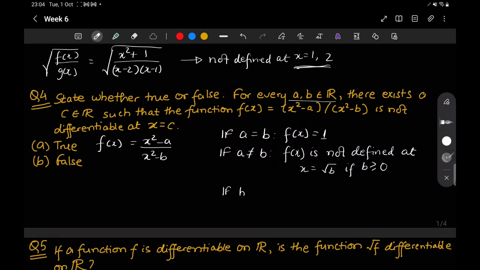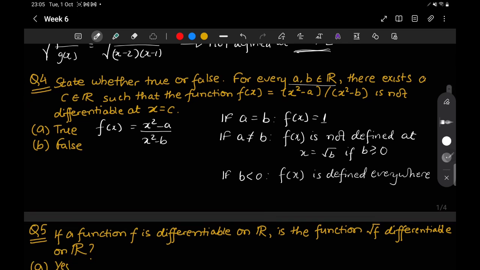If b is less than 0, then f(x) is defined everywhere. Again, why? Because we are looking at the case for real numbers. We are not considering complex or imaginary numbers.